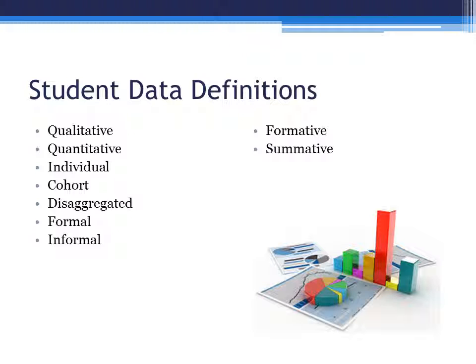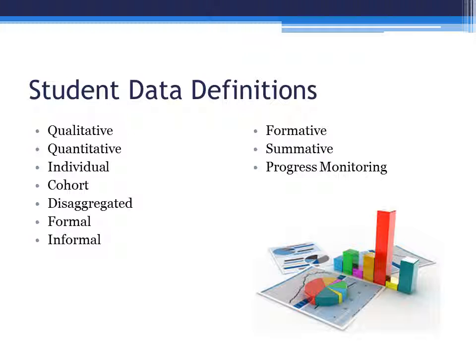Summative data would be the final assessment at the end of the 6-week unit to get a final grade perhaps, or a final assessment of how the instruction went. Formative data is ongoing. It's collected often throughout the school year. Summative data is typically more of what we call high stakes data and is collected typically less frequently.